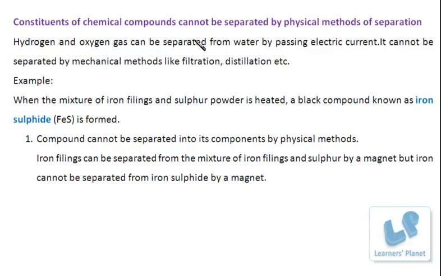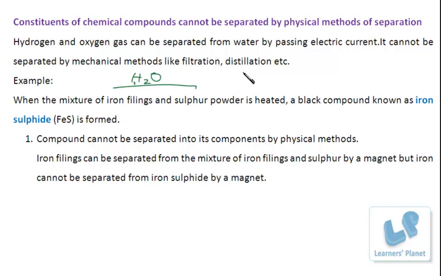Constituents of chemical compounds cannot be separated by physical methods of separation, like evaporation, condensation, filtration, distillation, steam distillation. So these processes cannot separate the constituents of a compound. Water: we can't separate hydrogen and oxygen by physical methods of separation.